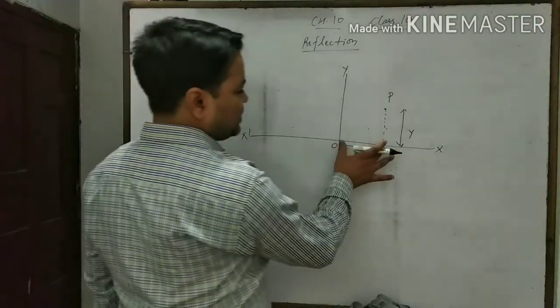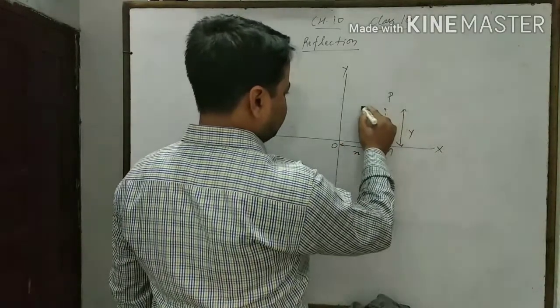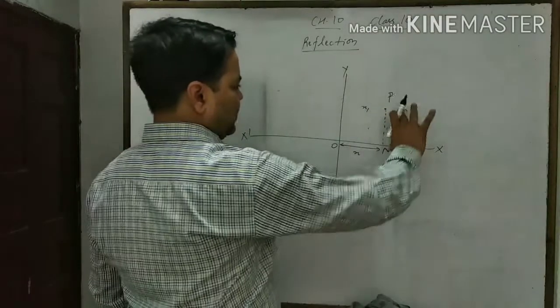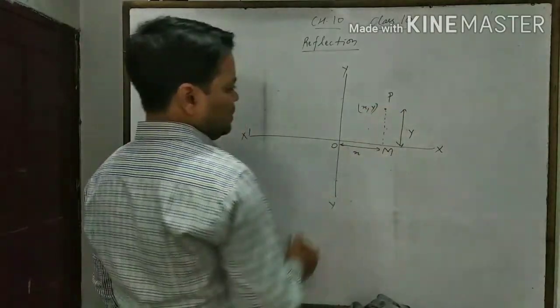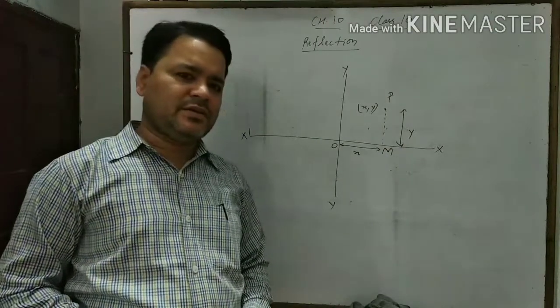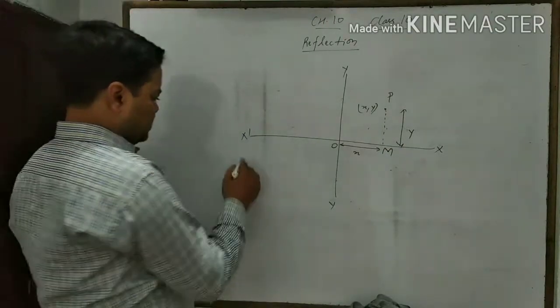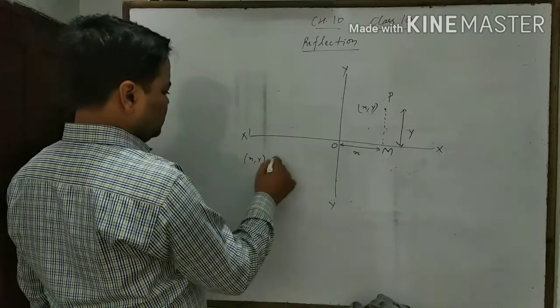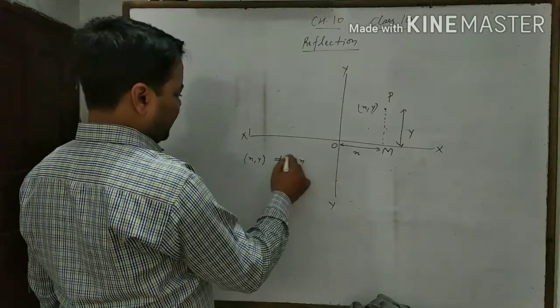First we write the x coordinate, x, and then the y coordinate, y. Therefore the coordinate of P is (x, y). But here (x, y) is not equal to (y, x).